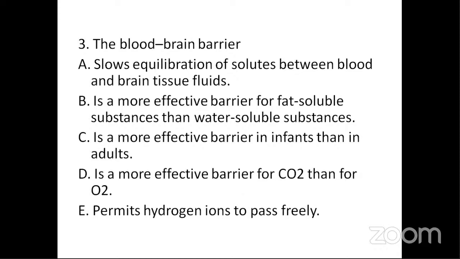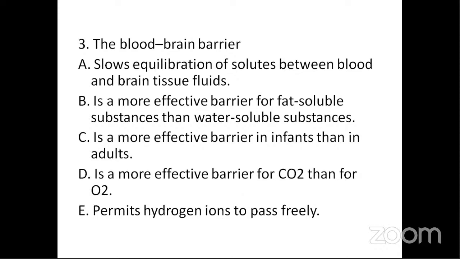The blood-brain barrier is a more effective barrier for fat-soluble substances than water-soluble substances. True or false? It is false, because fat-soluble substances cross readily due to the lipids in the cell membranes.